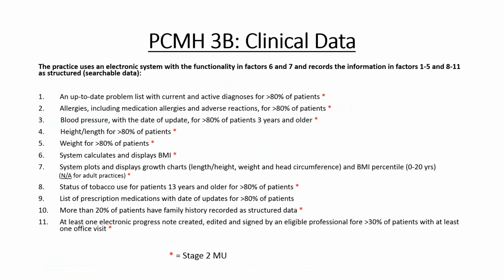For factor 11, this is looking for something that's text searchable, so any non-text notes do not meet the intent for that factor. That's what they're looking for there. But again, as you see, a lot of these align with meaningful use, so a lot of these reports will be able to just be generated from that.